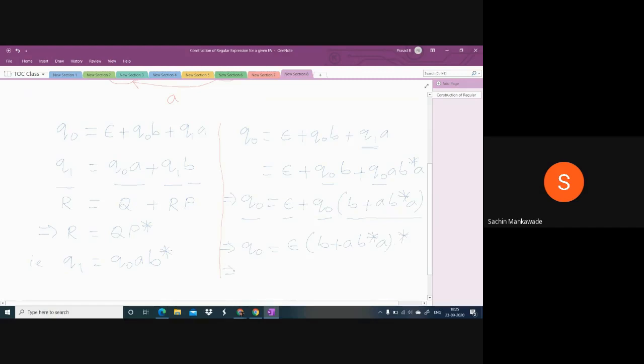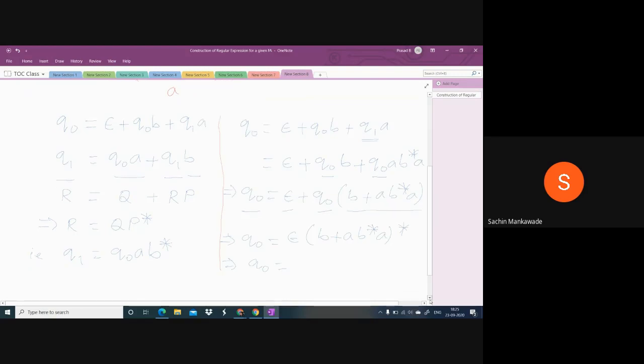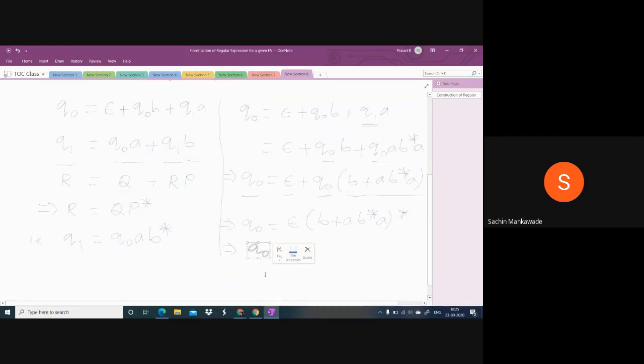And next, epsilon followed by anything is the same. Epsilon plus R has no simplification, it is epsilon plus R only, whereas epsilon followed by R is R. So Q naught equals B plus AB star A whole star. And what is the final state actually?